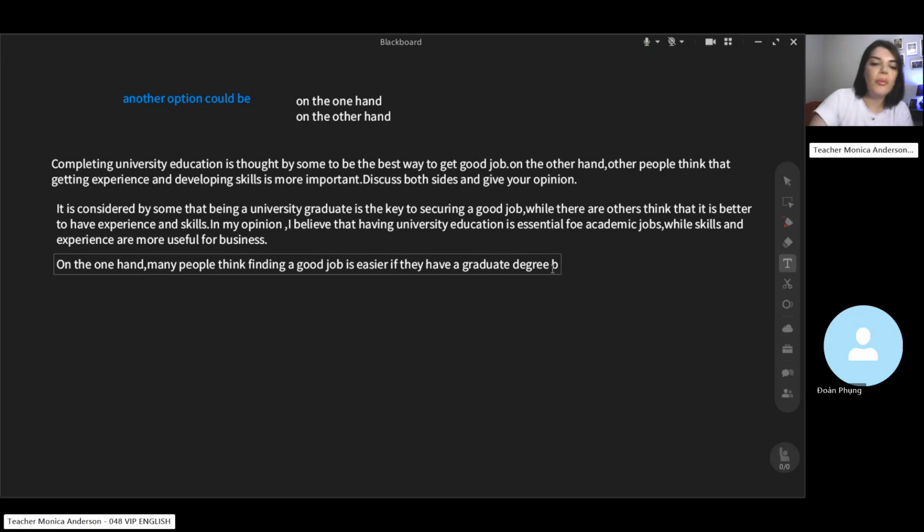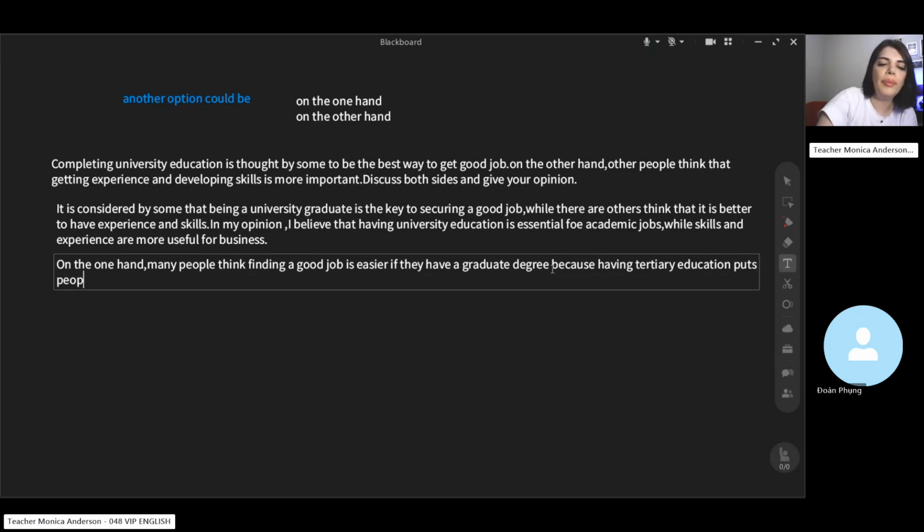So, because, or since, you can use any of them, having tertiary education puts people one step ahead of others. You have more, of course. And for many employers, that's really important.